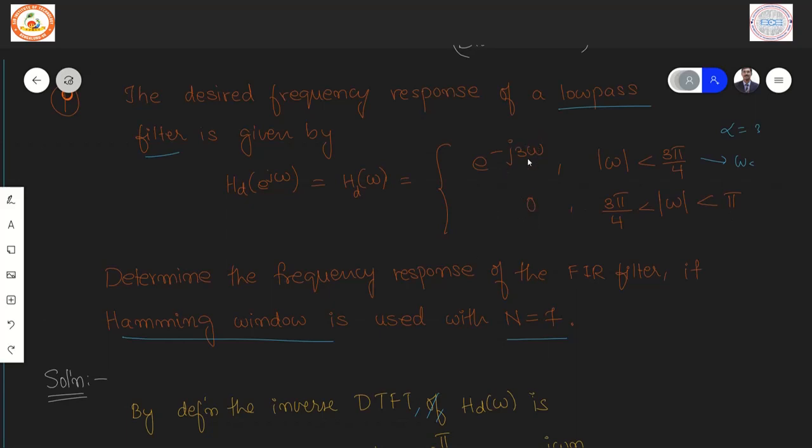Here clearly we can note that the value of alpha is equal to 3 and the value of omega c is equal to 3 pi by 4 for this low pass filter. Determine the frequency response of the FIR filter if Hamming window is used with capital N is equal to 7.